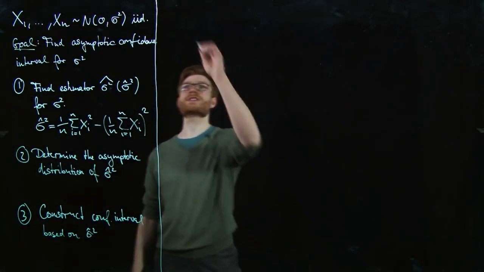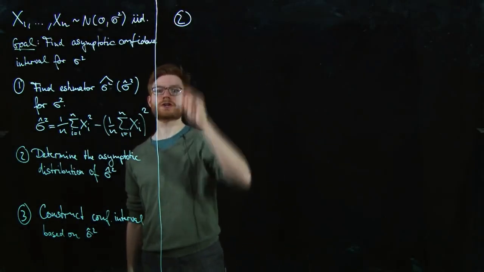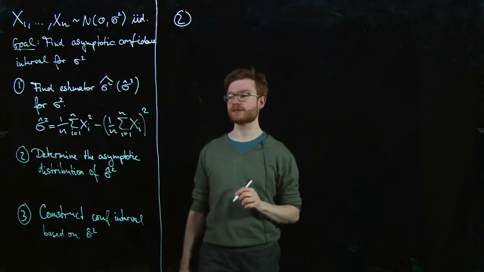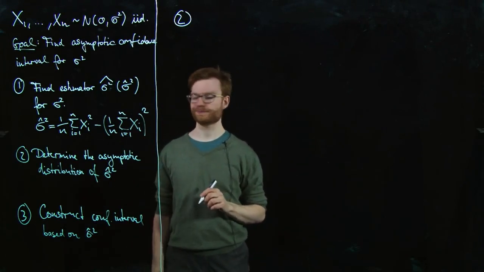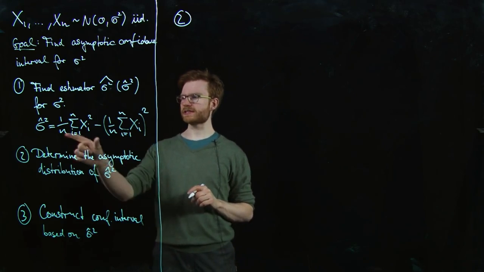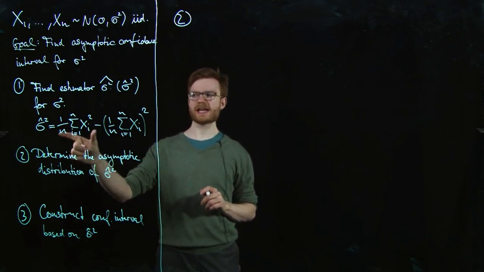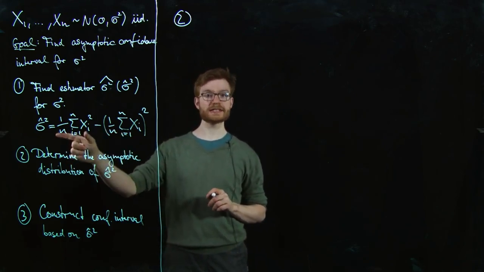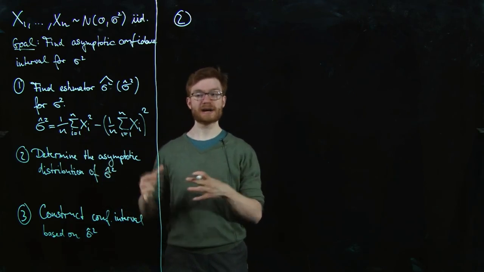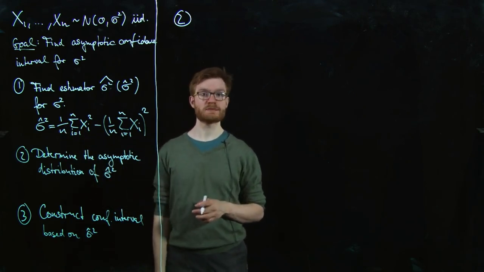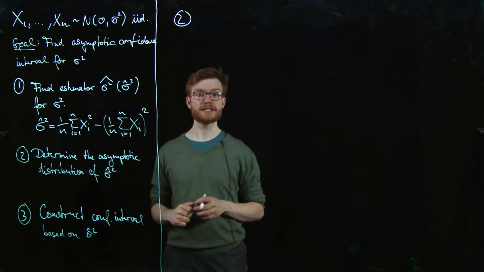OK, let's continue with step 2, determining the distribution, or the asymptotic distribution of sigma hat squared. So what's going on is that we just determined the asymptotic distribution of these two ingredients, and now we want to combine them into sigma hat squared and know what the limiting distribution is.